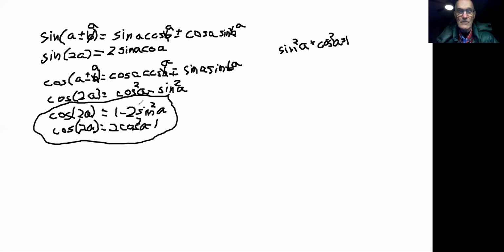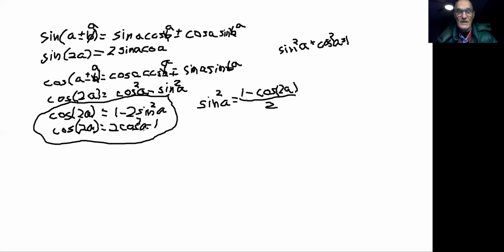Now, the power reduction formulas come off of these two formulas right here. I'm going to solve this equation for sine squared A. So sine squared A equals, if I take cosine across this way, 1 minus cosine 2A, and I divide by 2. So 1 minus cosine 2A divided by 2.